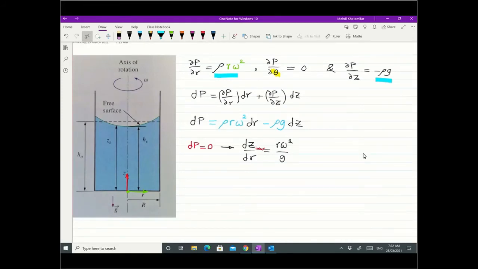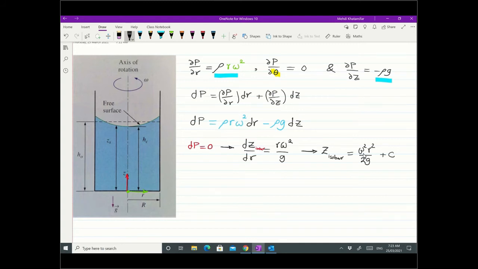If I integrate this equation, I'm going to get this: z for the isobar is equal to omega square r square divided by 2g plus a constant number. Let's call it c.